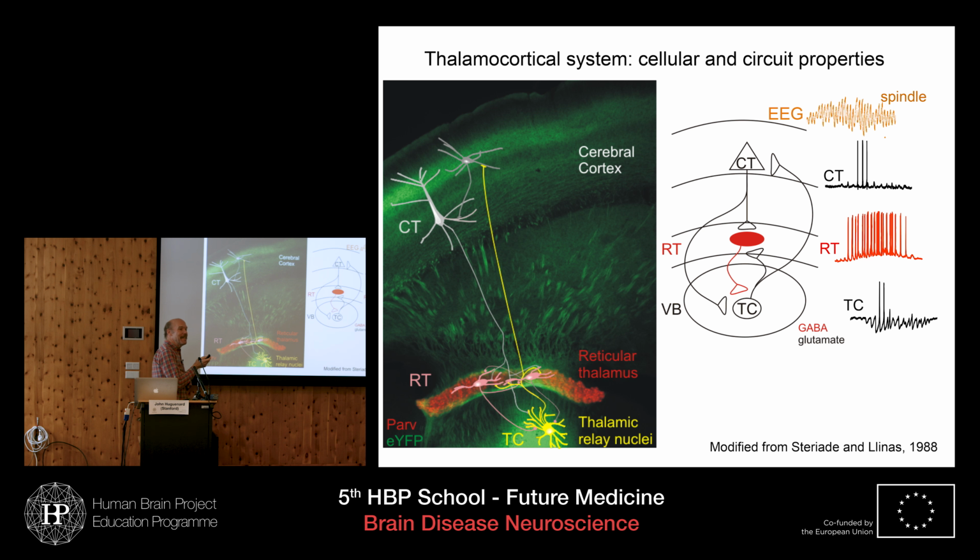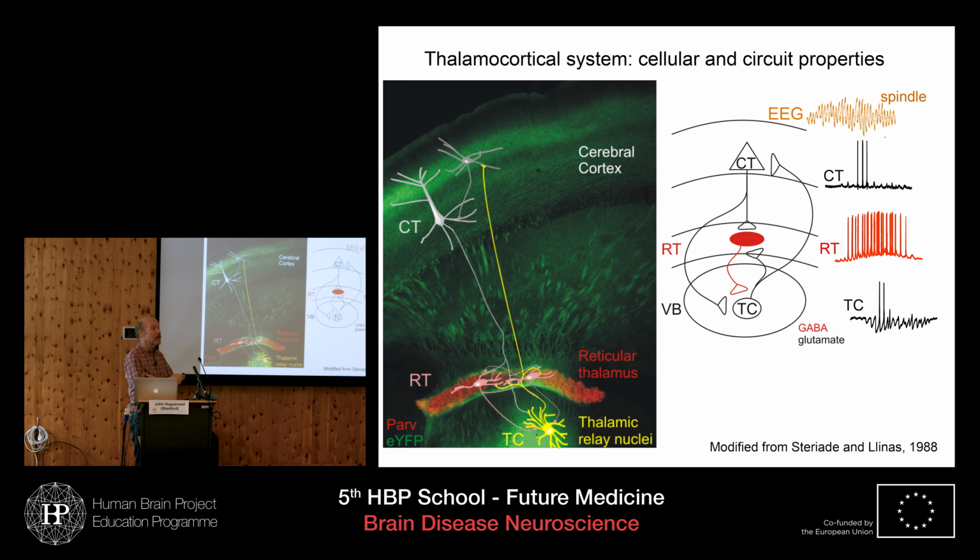But there are many interesting features of this network. One of them is this. Does anybody see a disconnect between the recording from a cortical cell and the spindle? It's pretty sparse, right? This particular neuron only fired 3 action potentials, participating maybe in 10% of the spindle.